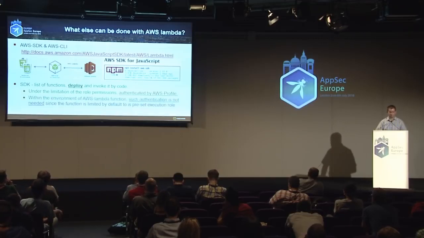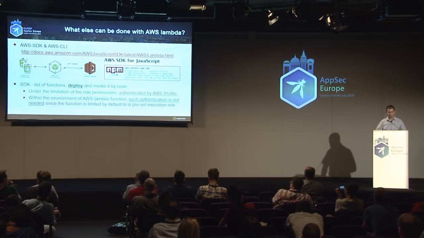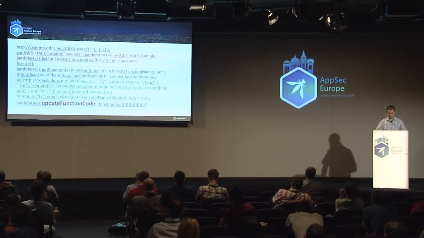But what if you're doing this using the same SDK that is already built into the Lambda function, and you're calling it within the Lambda function itself? In this case, there is no authentication. Amazon counts on the settings that were set in the predefined Lambda function, including the execution role, and only what the execution role that was predefined for the Lambda can do, the same action will be permitted by the SDK.